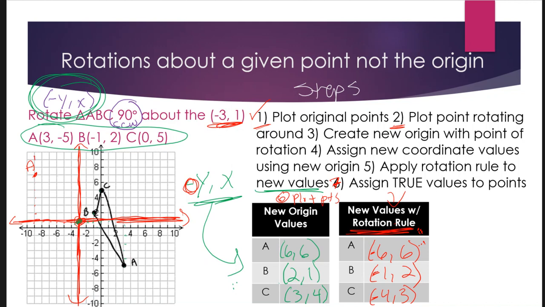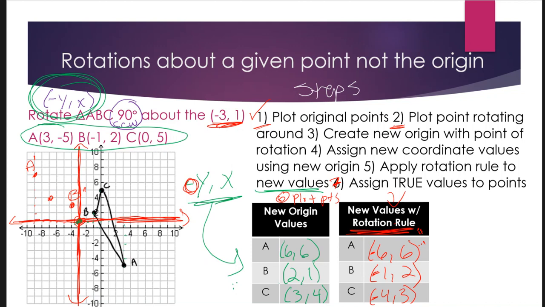That's A. My new B is going to be -1, 2. So again, from my fake origin, -1 means 1 to the left, and then 2 up. And that's going to be my B prime. And then my C prime is going to be -4, 1, 2, 3, 4, +3. That does not look right.